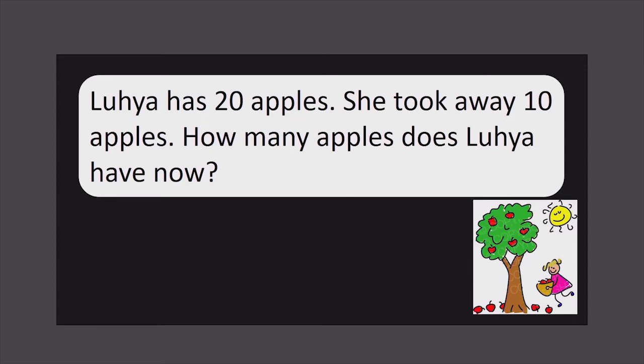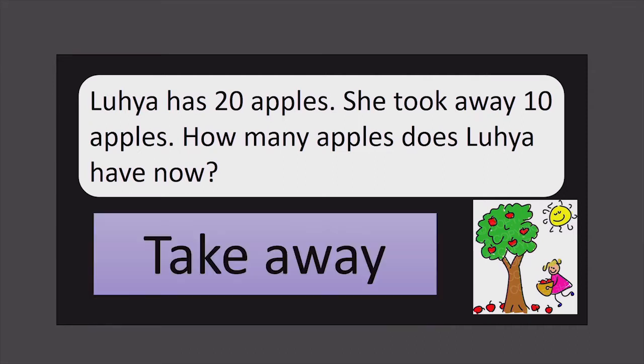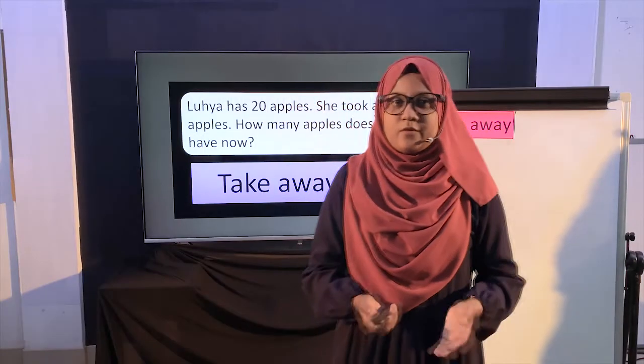Have you found it? If took away was the answer, then you are correct. So our first subtraction related vocabulary is take away. Okay. So we have now known one word.